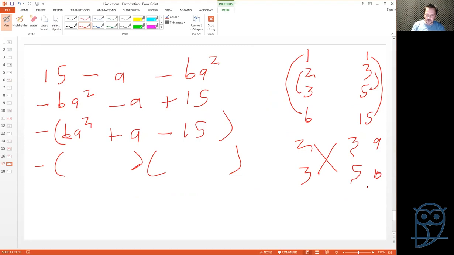There's my difference of 1. And I need a +1 difference. So it needs to be +10 minus 9. And then this plus carries over there. That minus carries over there. There is my bracket. There is my bracket.